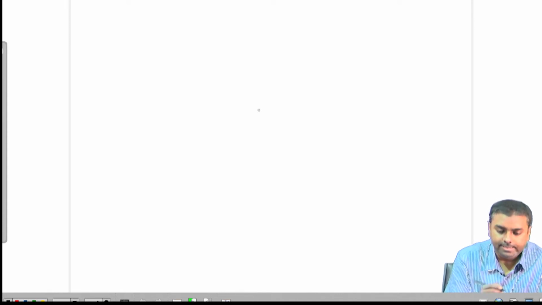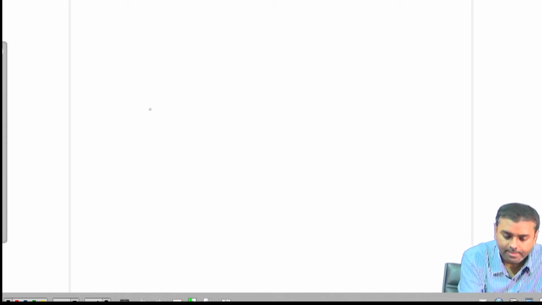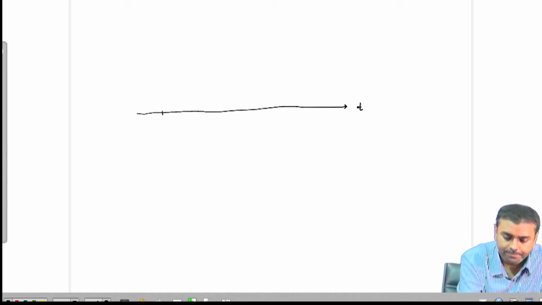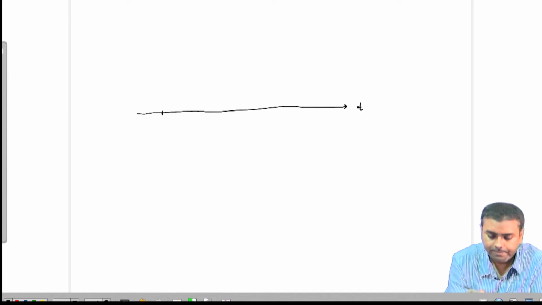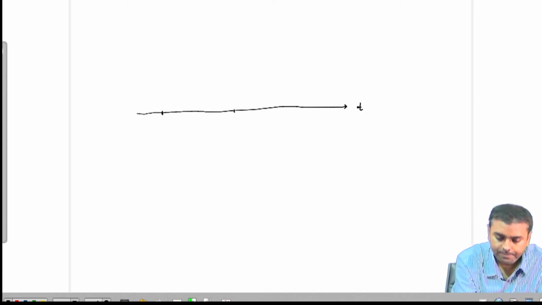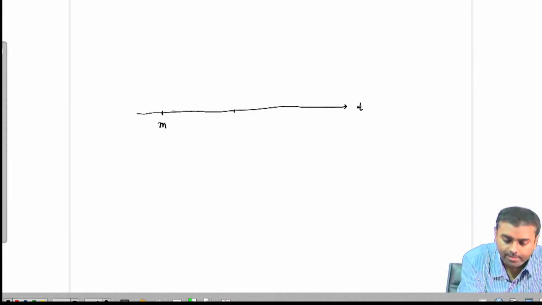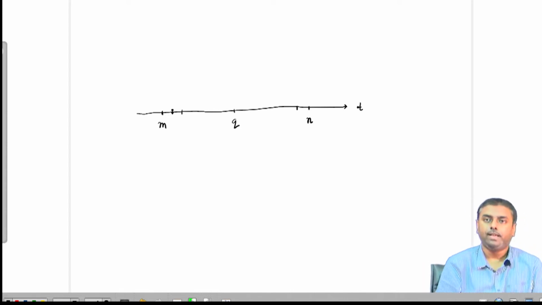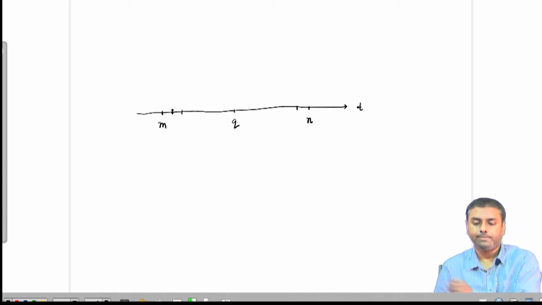Let us try to see this. Let us again draw the time frame. This is the time instant, it is a discrete one, so of course it goes one by one. So, m, then intermediate it is in some q, and then it goes to n. Now we are trying to take the time description.